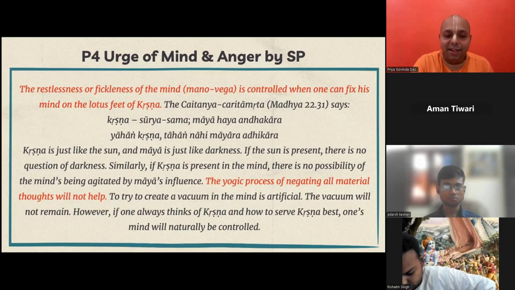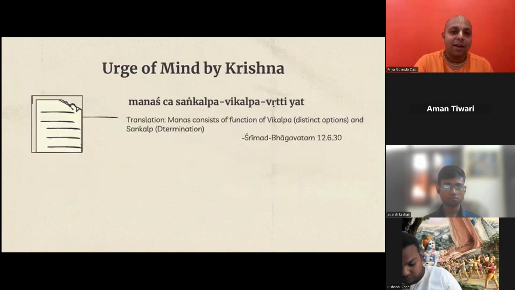So actually, Krishna tells this in the Bhagavatam, in the 11th canto. When Krishna talks about the urge of mind, he says, manas cha sankalpa vikalpa vrittiyat. Manas consists of the functions of vikalpa and sankalpa, distinct options and determination.